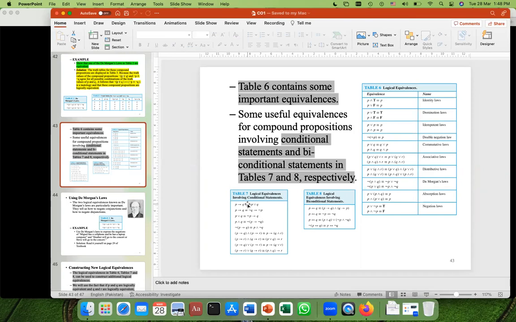Anyhow, this is Table 7, rules 1, 2, 3, 4, 5, and here you will see something. I don't know if you are able to see that or not. Negation of P implies Q is logically equivalent to P and negation Q. Are you able to see that? Yes.